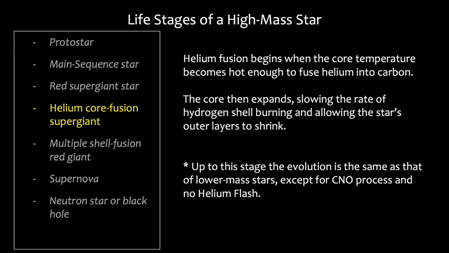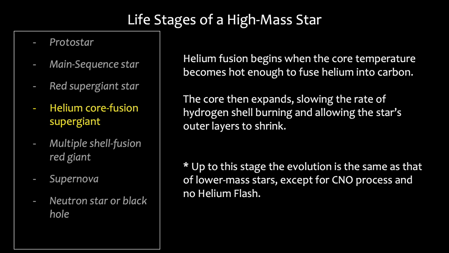So there will be no helium flash, and the core goes through a smooth helium ignition process. Again, no helium flash. So helium fusion begins when the core temperature becomes hot enough to fuse helium into carbon in a smooth transitional process.